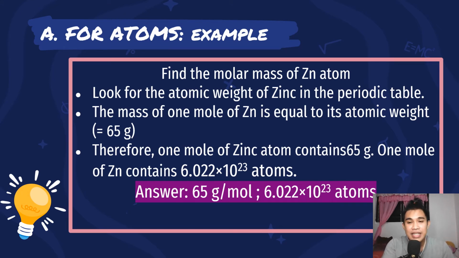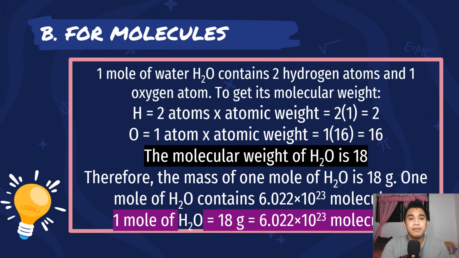Now let us proceed to molecules. For molecules, let's have an example. 1 mole of water, which has a chemical formula of H2O, contains 2 hydrogen atoms and 1 oxygen atom. So how are we going to get its molecular weight?